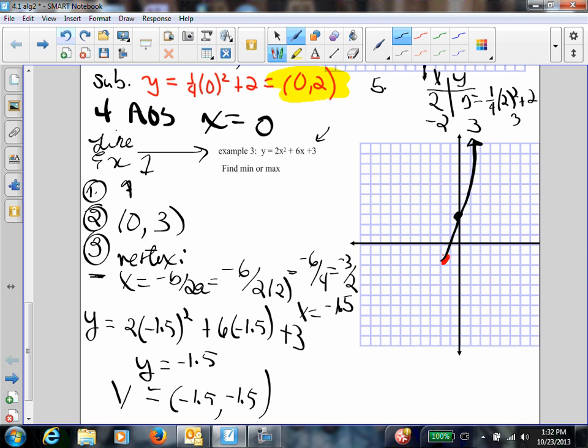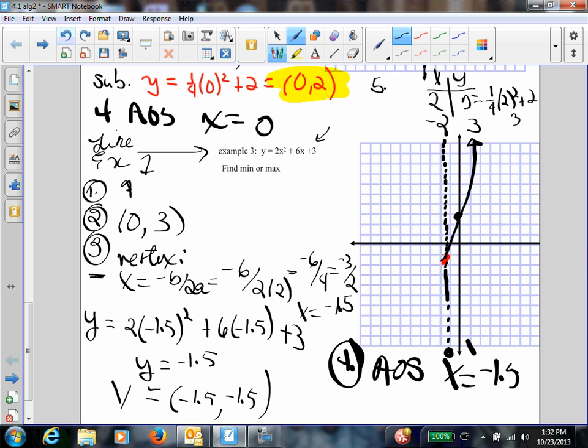And step 4 is our axis of symmetry. What is our axis of symmetry? What's negative 1.5? x equals negative 1.5. And so we're going to put our little dotted line. Now, what is the distance from your point, your y-intercept, to your axis of symmetry?